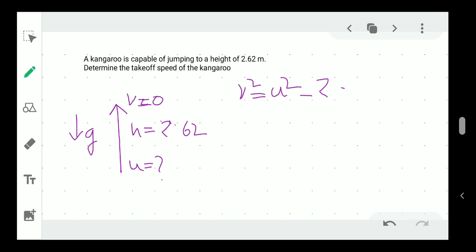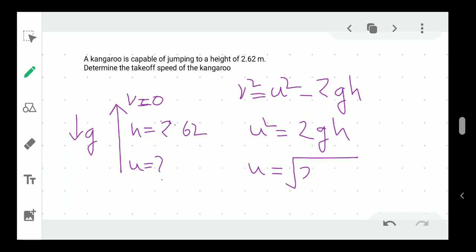So 2g and h. V is 0, so I can always write u square equal to 2gh, and the formula looks similar, I know, and u equal to root over 2gh. So if I put the values, and put 10 instead of g, and put the value of 2.62, I will get 7.23 meter.